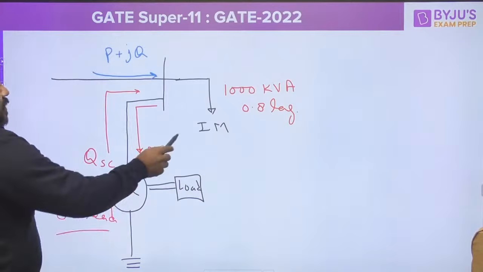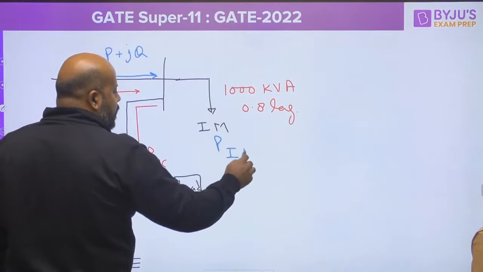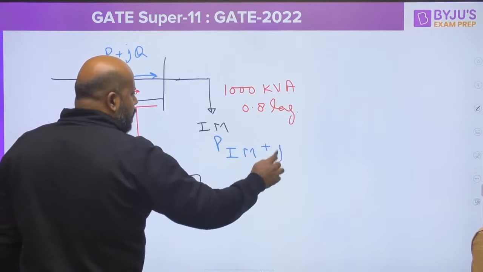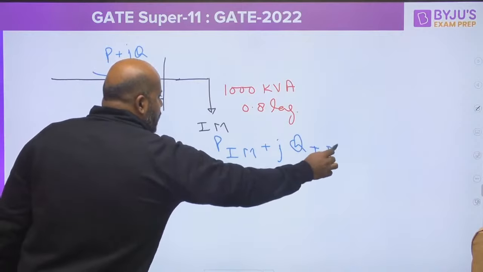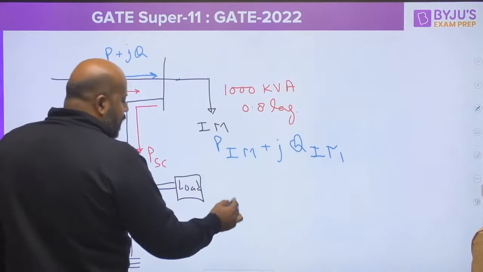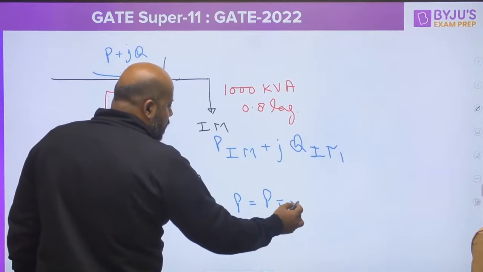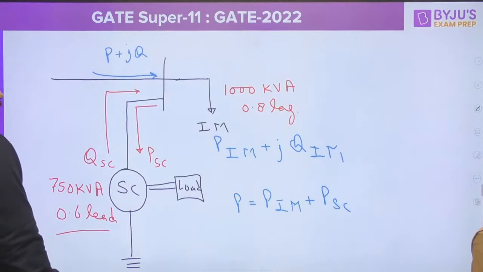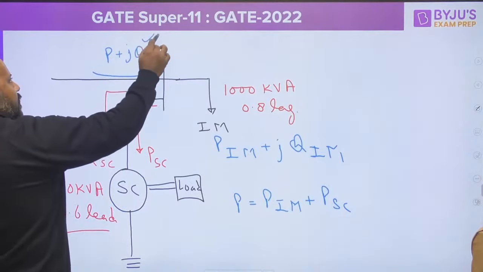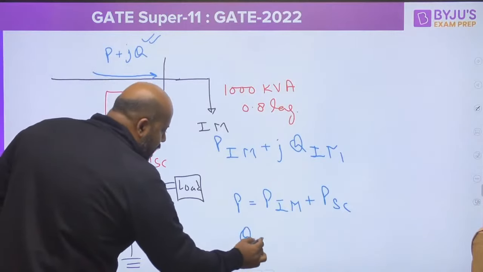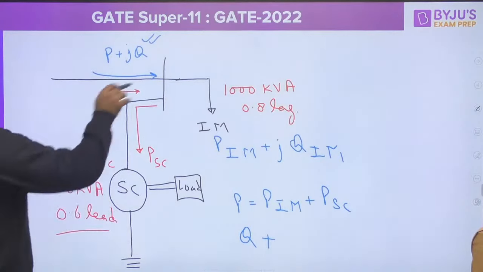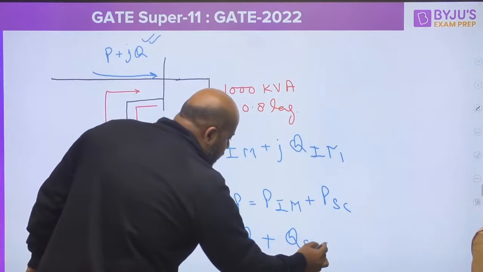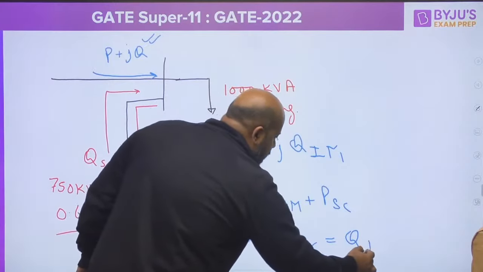So very easily you know that this induction motor is going to have some real power and some reactive power being absorbed. Yes or no? So whatever real power is coming here, that is given to the induction motor and the synchronous condenser. At the same time, whatever reactive power is coming from here, it is going to be supplied to the induction motor with the help of reactive power provided by the synchronous condenser, like this.